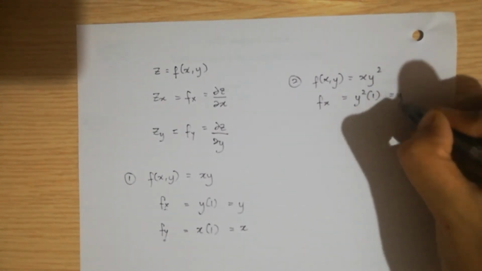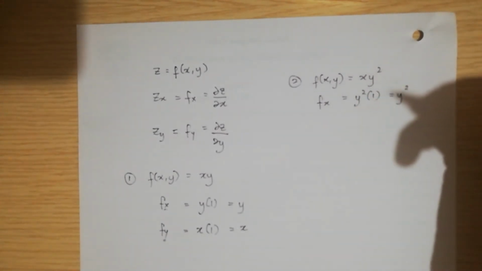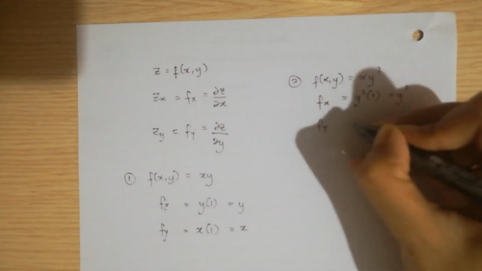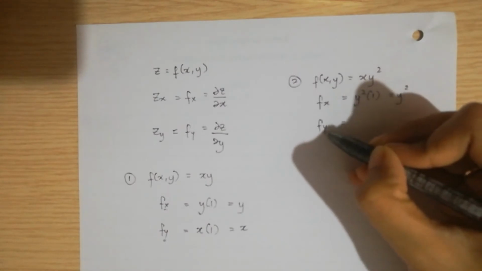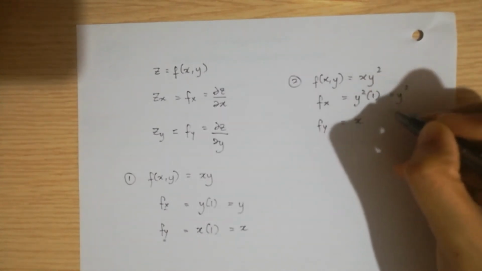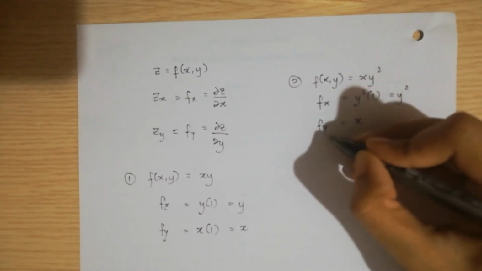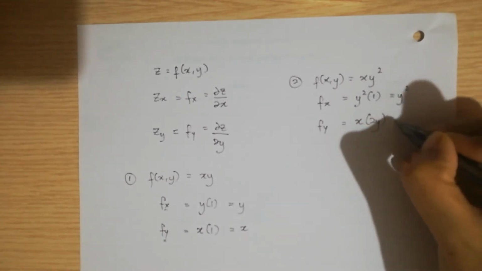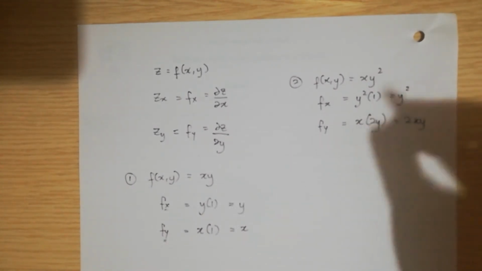So your answer is y squared. And to find fy, again, you just focus on the y. So treat x as constant. Differentiate y squared with respect to y, you will get 2y. So the answer is 2xy.